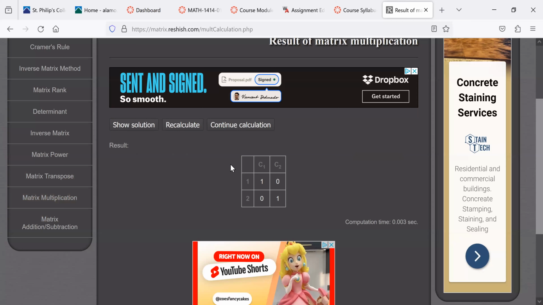You just need to multiply it again the other direction. Okay, so now if I do it on the calculator here.